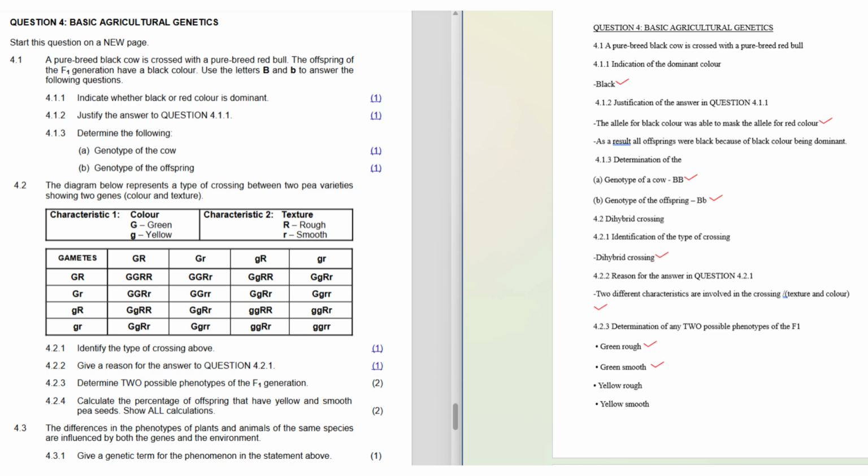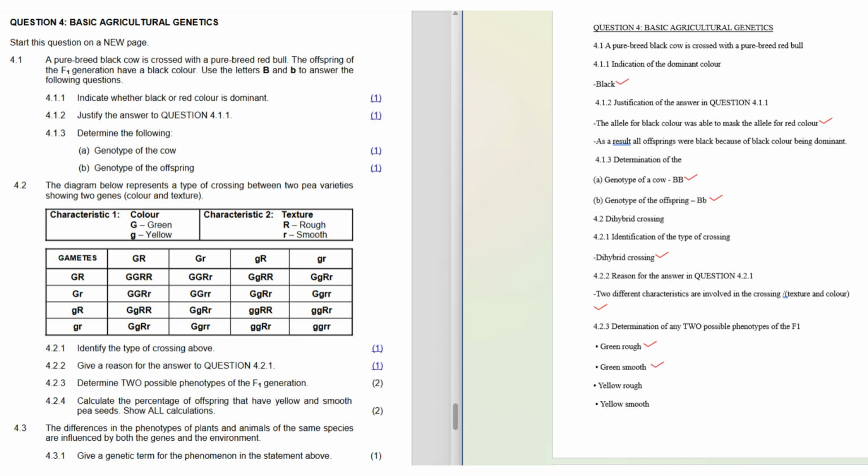The genotype of the offspring is a heterozygous condition, which is a capital letter B and a small letter b allele, a dominant and a recessive allele.